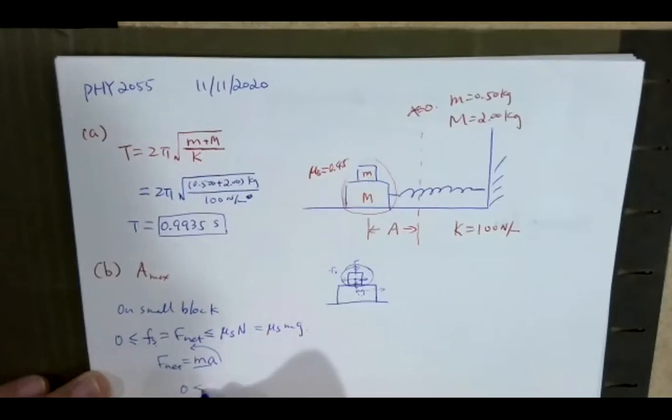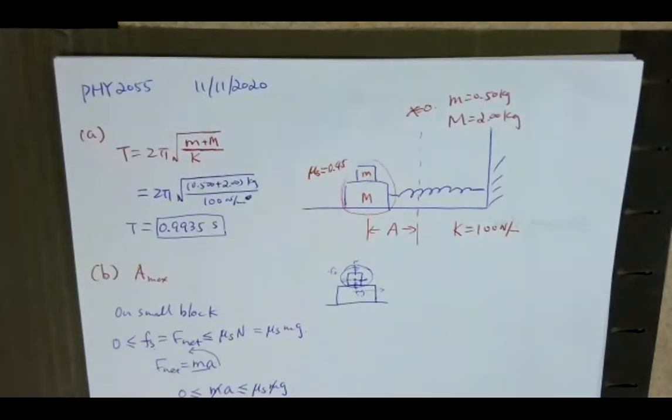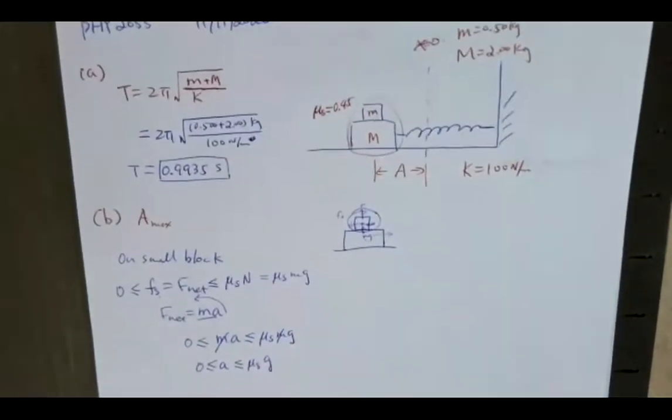So 0 is less than or equal to m times a, less than or equal to mu s times mg. You can see this m will cancel out this m, so your acceleration should have a range from 0 to mu s times g. Mu s times g will be your maximum acceleration possible.